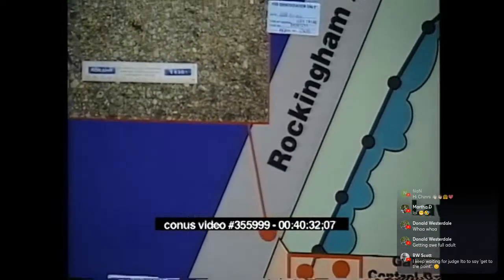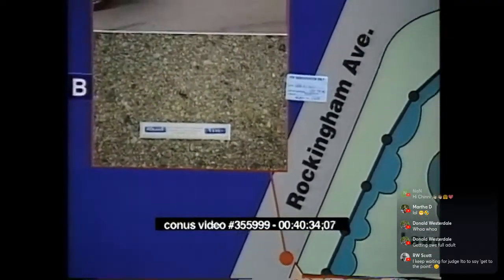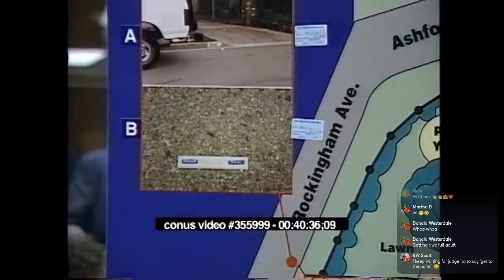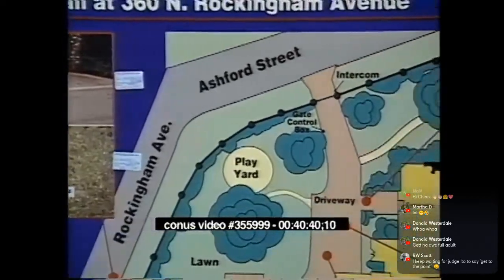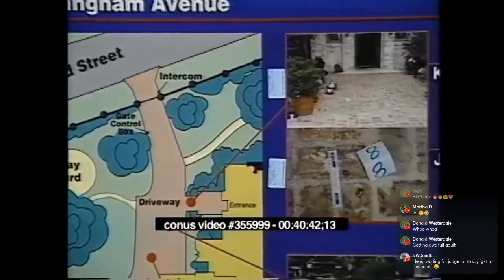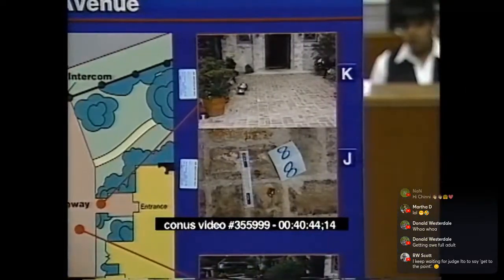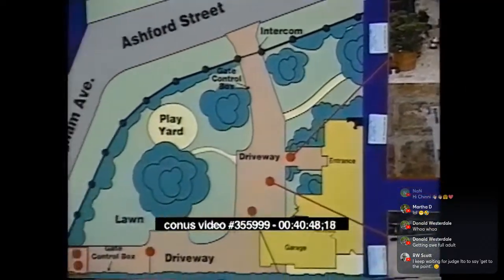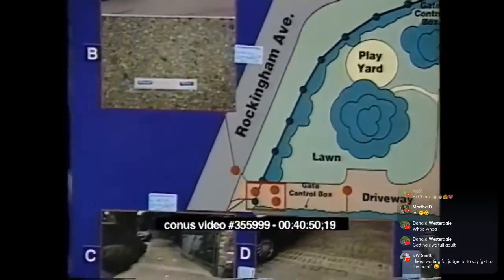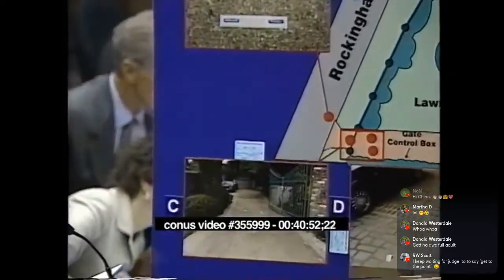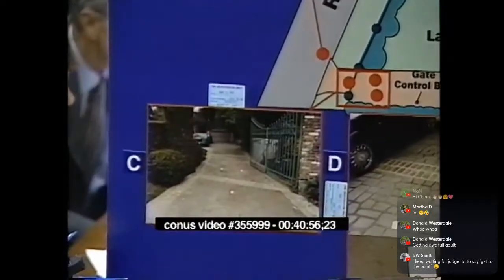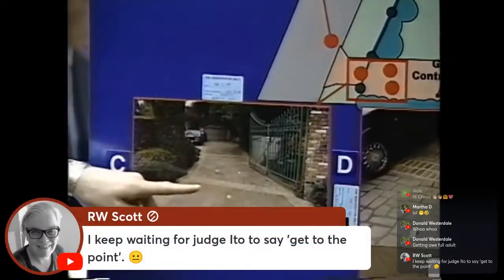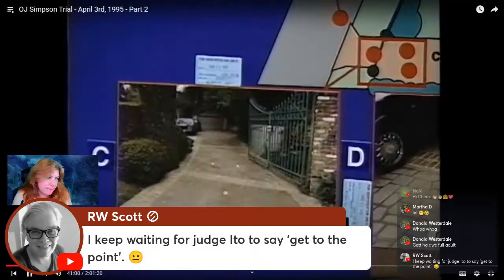Now, if you look closely at the photograph that's marked C on this diagram, I don't know if the resolution on the large one is good enough, but Mr. Fung, maybe you can take another look at the smaller photograph over here that's C.